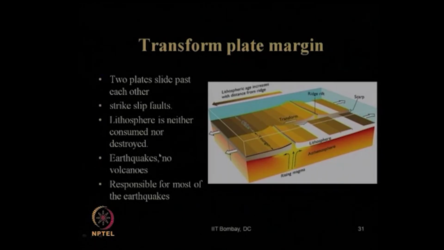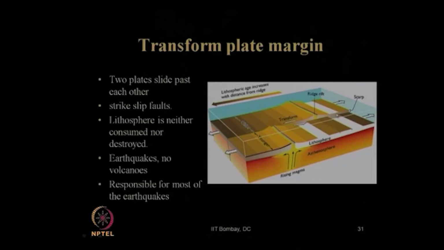Okay? And in this case, mostly earthquakes occur and rarely any volcanic eruption will occur. Though in this picture you can see there is some rising of the magma which may take place in the younger portion of the plate rather than the older one. But if we talk about the plate boundary movement, there will be hardly any case of volcanic eruption.